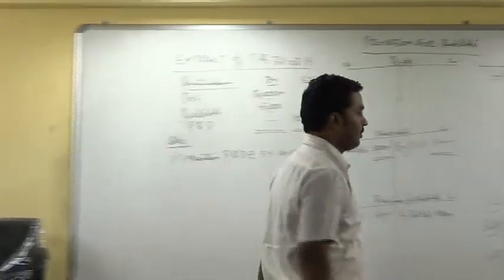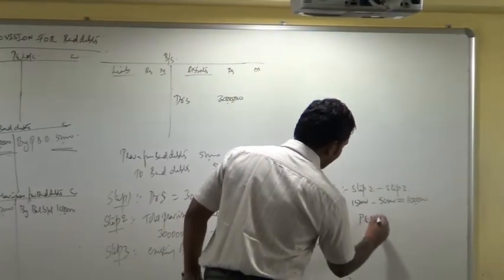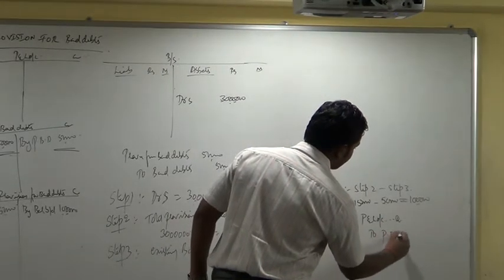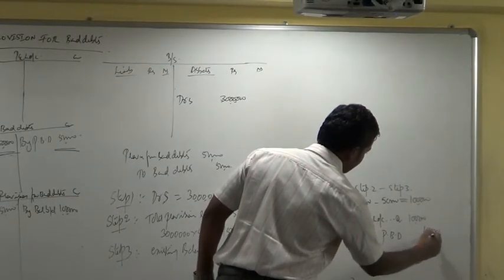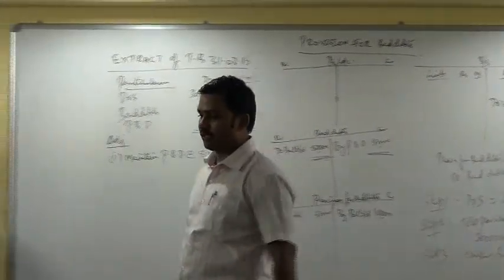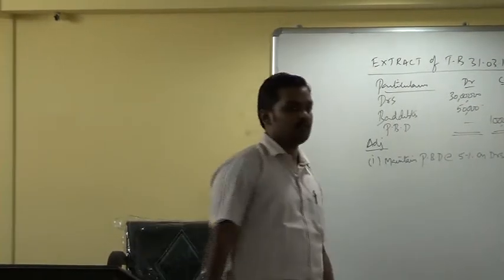So write down the entry. P&L account debtor to provision for bad debts, 1 lakh rupees.